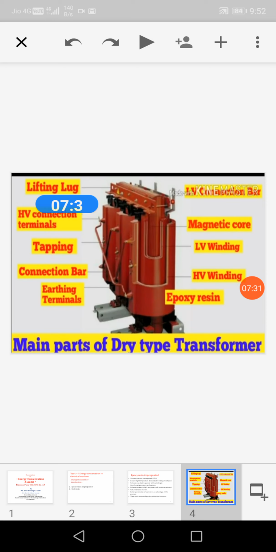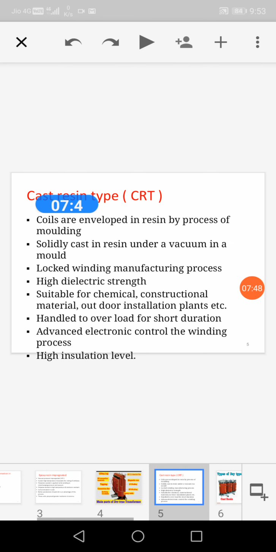Similarly, traditional transformer also has this part, and here also similar parts are in dry type transformer. And second is the cast resin transformer, cast resin type dry transformer, means CRT.